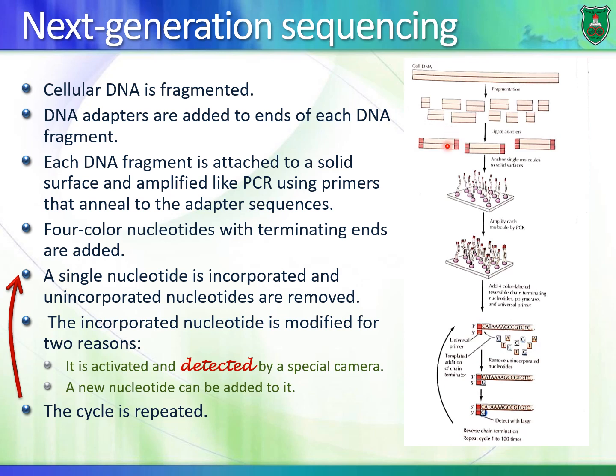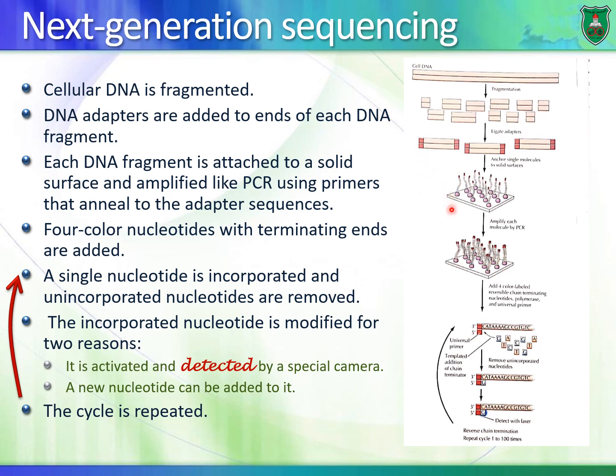Then DNA adapters are added to the ends of these DNA fragments. How? Well, enzymatic reactions. We're not going to talk about details. So adapters are added. What are these adapters? They are added for two purposes.